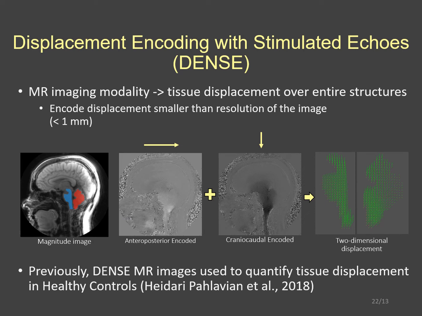And the encoding displacements are small, much smaller than the image resolution of the image. For example, the pixel sizes might be 1 millimeter, whereas we've shown that we can measure displacements down to 20 and 30 microns. Remember, a human hair is only 80 microns.